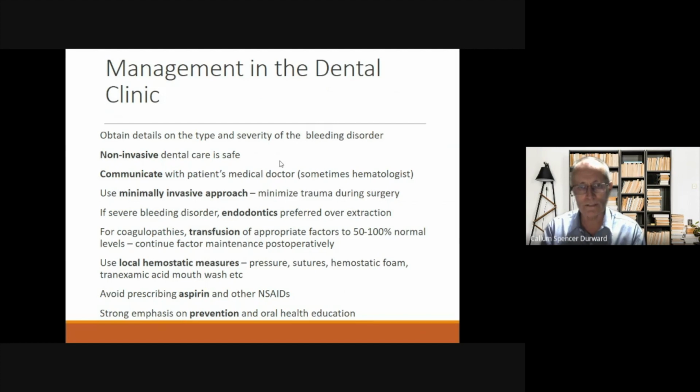Of course, we must also use local hemostatic measures such as pressure, sutures, hemostatic foam, and a tranexamic acid mouthwash. We should avoid prescribing aspirin and other non-steroidal anti-inflammatory drugs to these patients. And there should be a strong emphasis on prevention and oral health education so that their treatment needs are minimal.